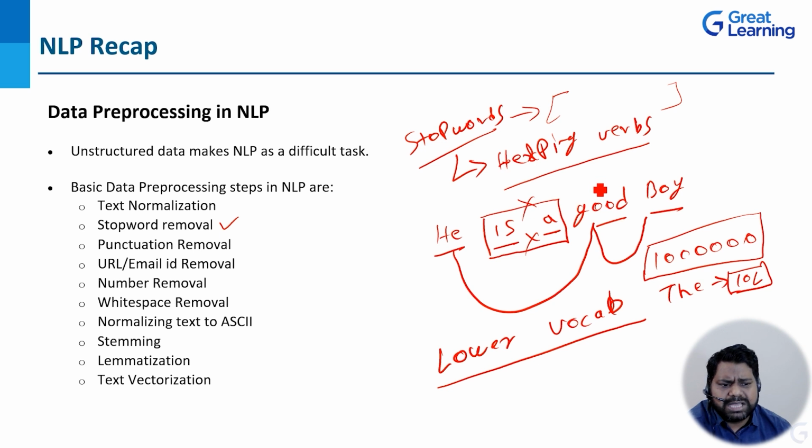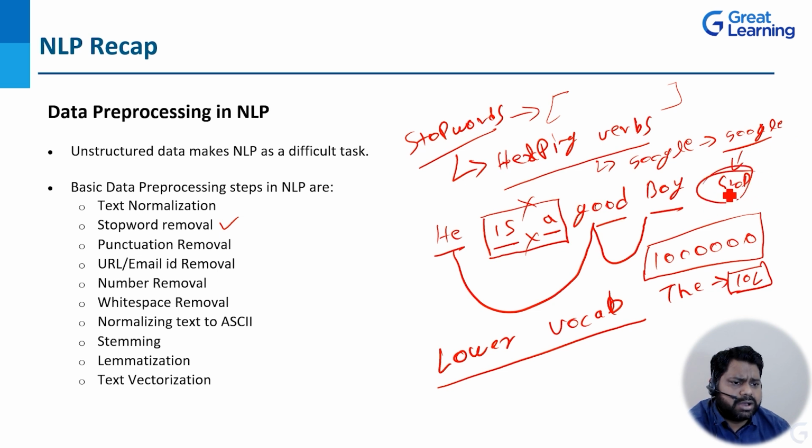Those are specific words. Let's suppose someone is working at Google, and in the reviews every time Google is written. It's a stop word because they know that this data is for Google only. So why keep Google? They can remove it. This way we can reduce the vocabulary, get the correct information, and remove the noise.